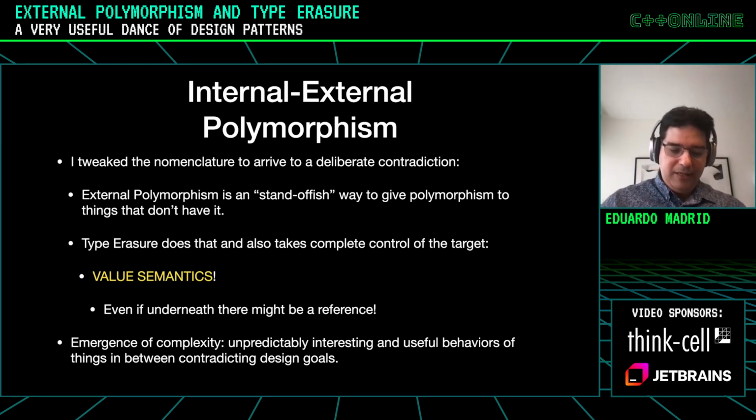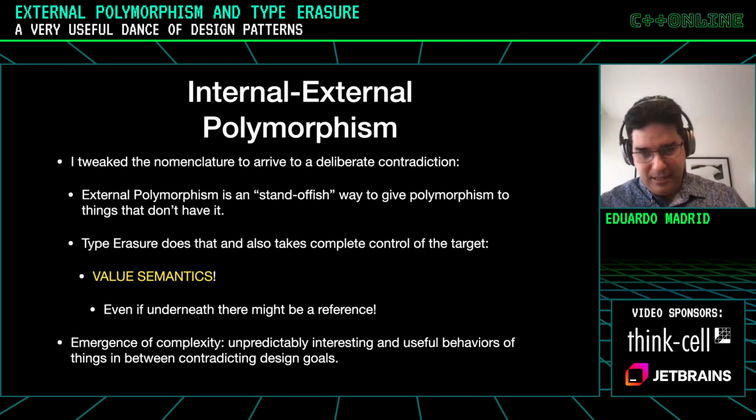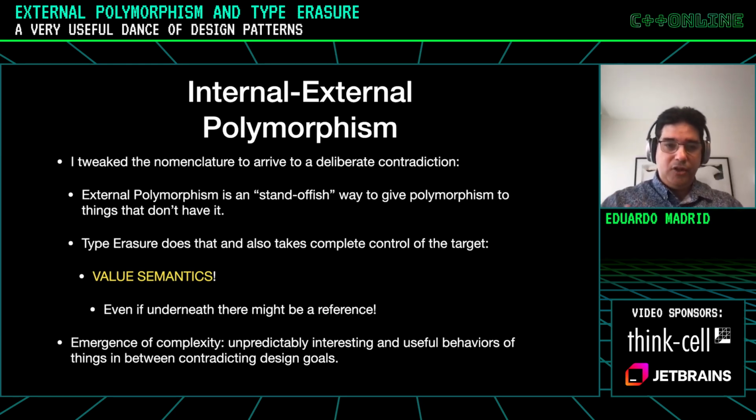Another thing that is very interesting to me in general, not just about type erasure, is the phenomenology of the emergence of complexity. That contradiction of internal external polymorphism leads to unpredictably interesting and useful behaviors that can only happen in the space that is in between contradicting design goals.